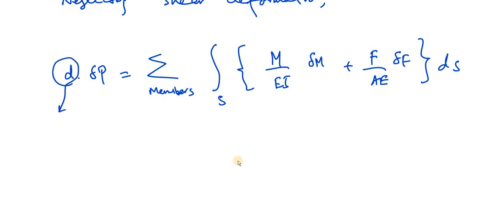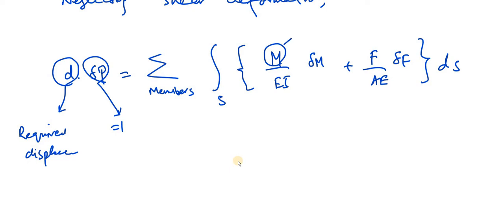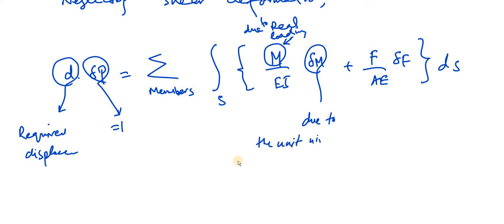This is the displacement that you want to find, required displacement, and this we will take equal to 1, and this is due to the real loading, and this one is due to the unit virtual load, and this is again also due to real loading, and this is due to unit virtual load.